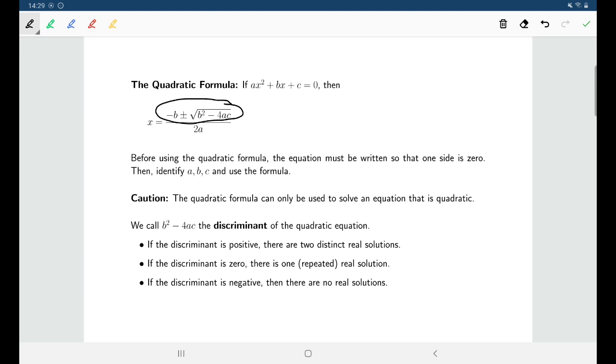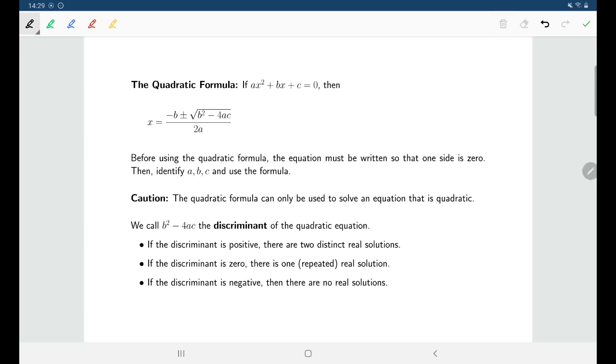for our quadratic formula. Now, one other thing to note here is that the inside of this root, b squared minus 4ac, that's called our discriminant. The discriminant can be used to tell us what kind of solutions we have. So even without working out what the solutions are, you can calculate via the discriminant whether this is going to be an equation that has two different real number solutions, or one repeated real number solution, or no real solutions.